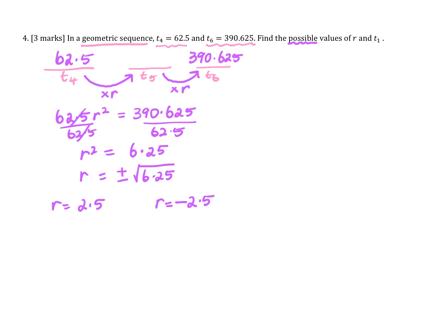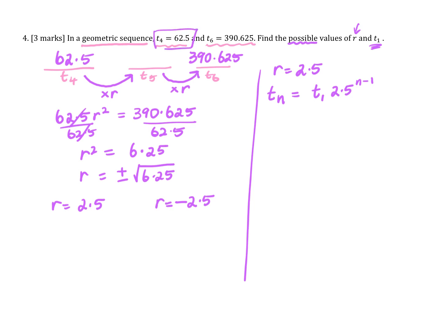Now I've got to take them in turn. Let's look firstly if r is equal to 2.5. That's r. We need term 1. Well, term n is equal to term 1 times r, which is 2.5, to the power of n minus 1. That's our formula from the formula sheet. So let's use this one here.